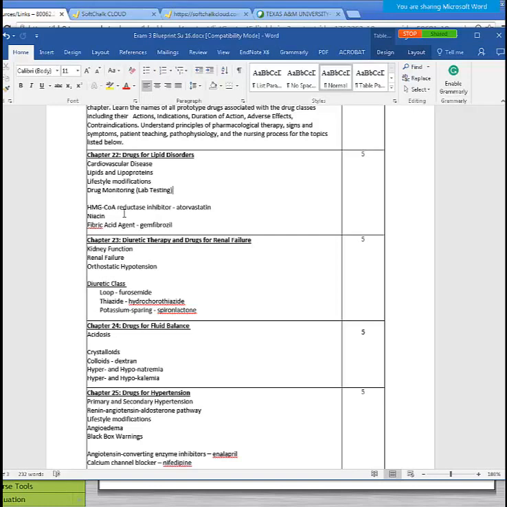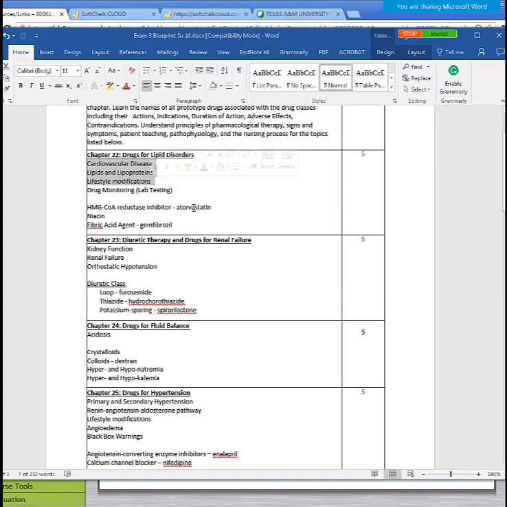Is it making sense? Personally, when I do a blueprint, I go through the chapter and look at the headings for the sections. I don't look at the test and say there's a question about plaques in the arteries and how it affects blood flow.